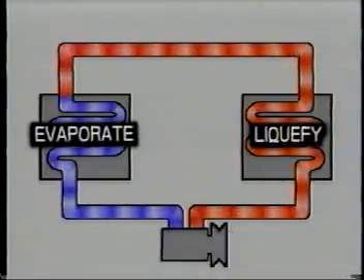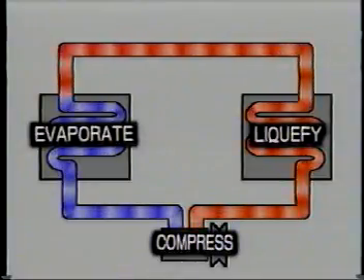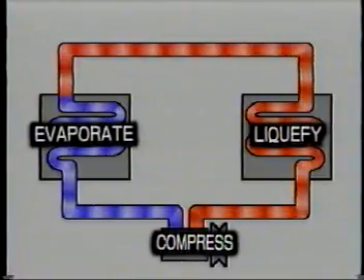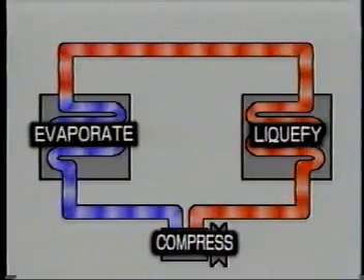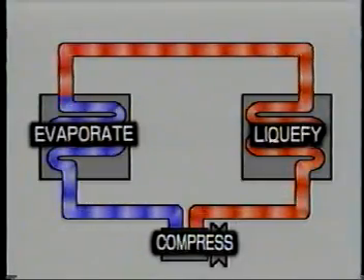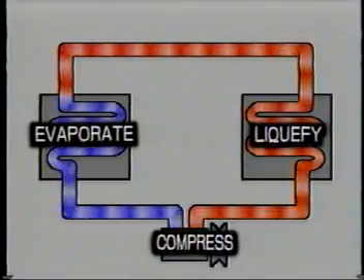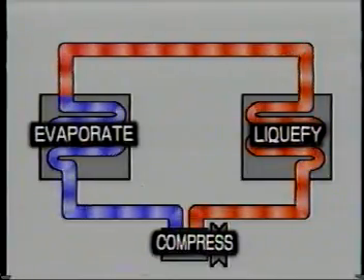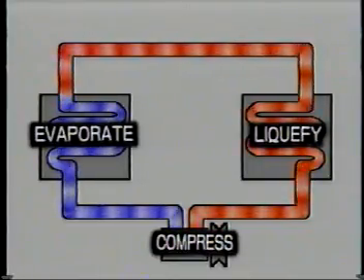The refrigerant is forced to flow under pressure through the system by the compressor. In this animated illustration showing the flow of the refrigerant, the red indicates the flow of pressurized refrigerant and the blue the flow of the unpressurized refrigerant.